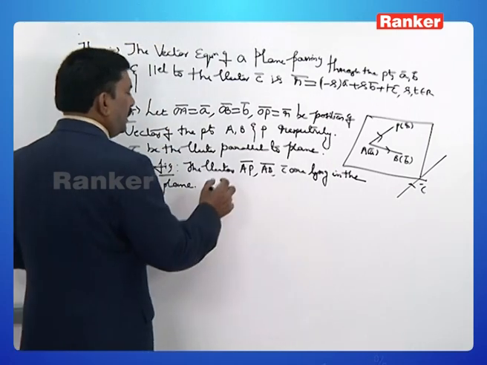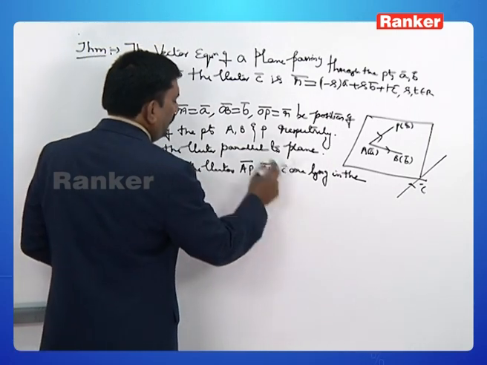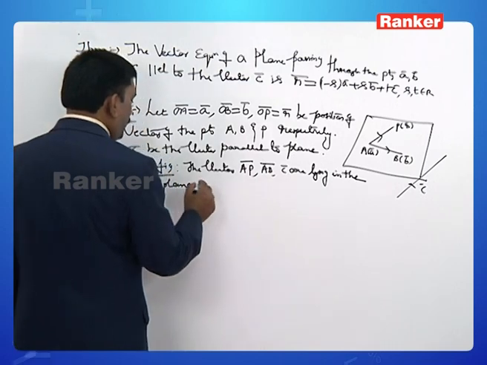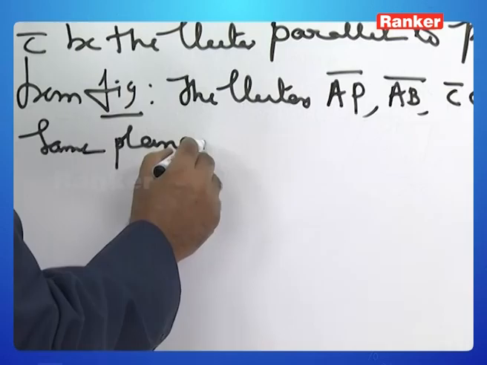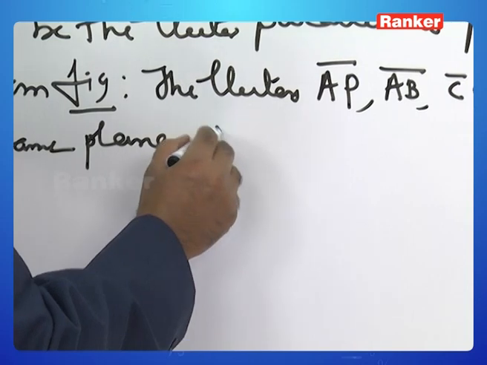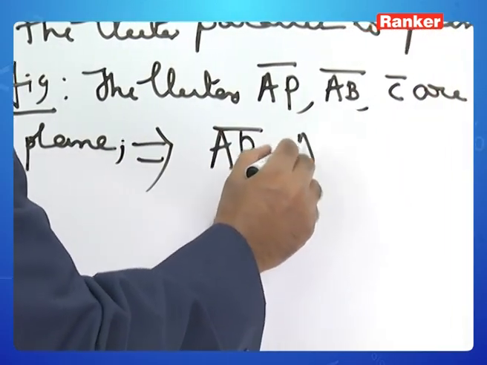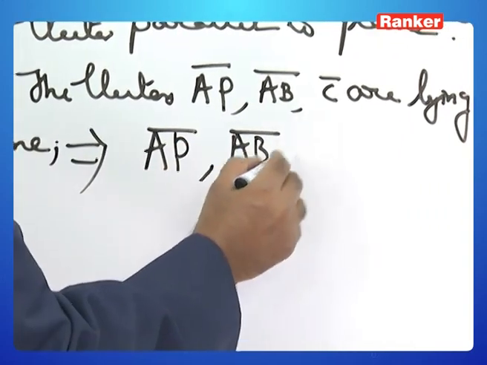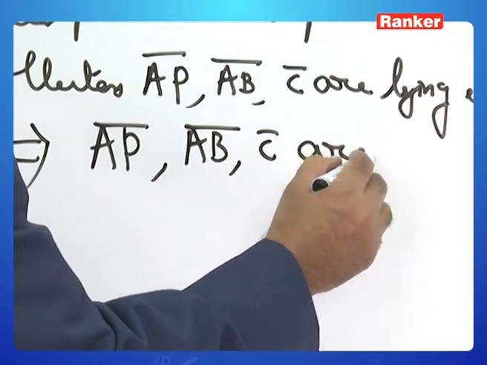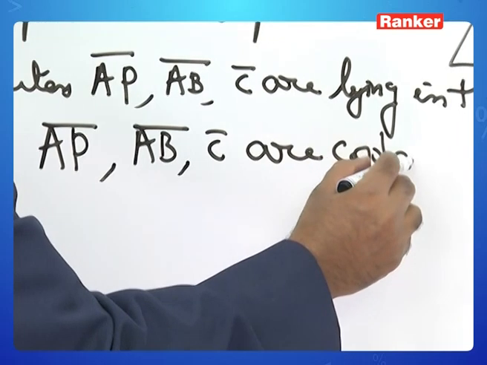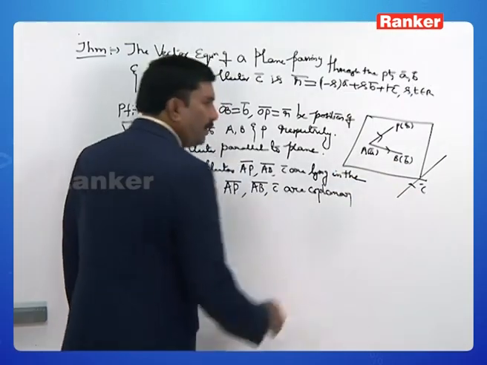So now I can write, C bar in the same plane, which implies AP bar, AB bar, C bar are coplanar.